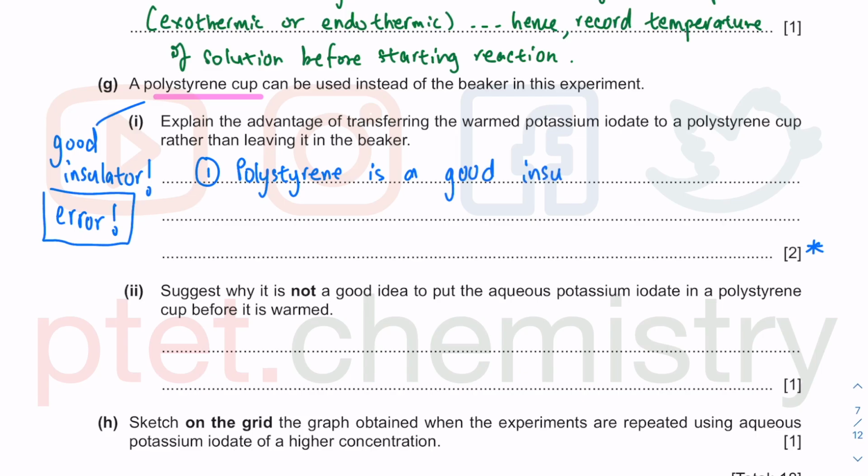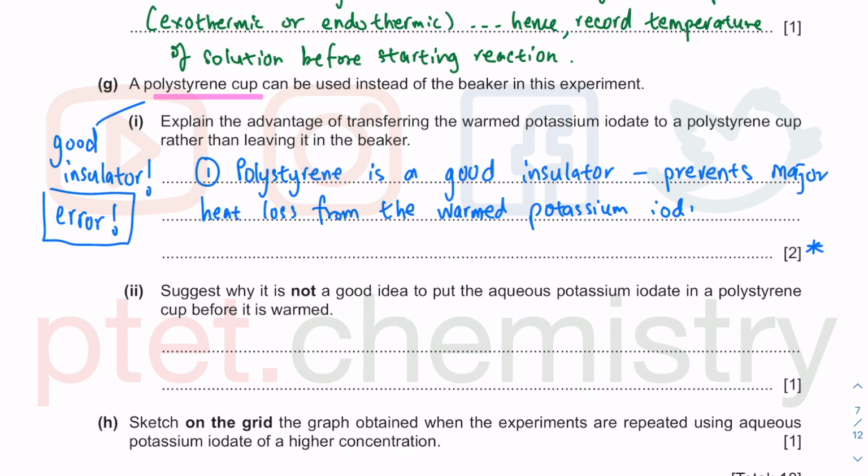If it is a good insulator, it will prevent major heat loss from the warm potassium iodide, because you don't want the potassium iodide to cool down very quickly, as you want the reaction to take place at the temperature of the solution to begin with.